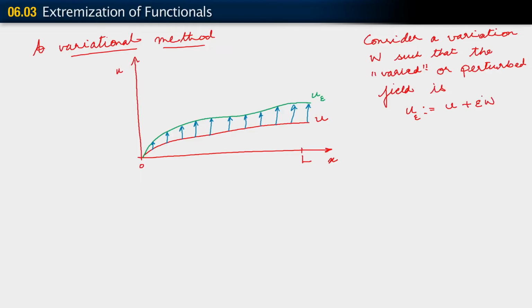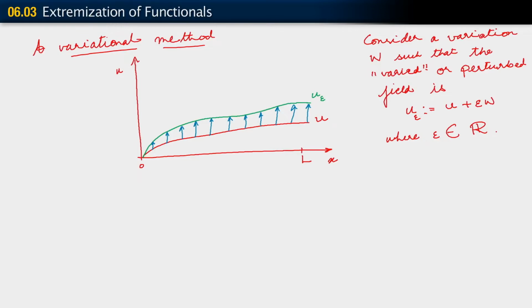Now I've introduced two new quantities here, W as well as epsilon. I need to say something about them. Epsilon is just a number, okay? So epsilon belongs to the real numbers. That is just a number. So if I state this, and as you can imagine now, the W is a variation.